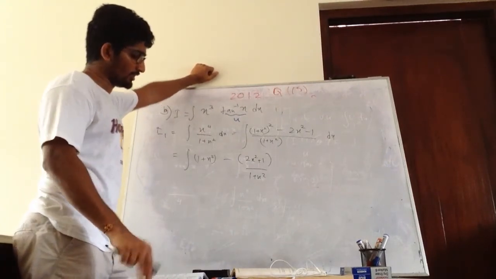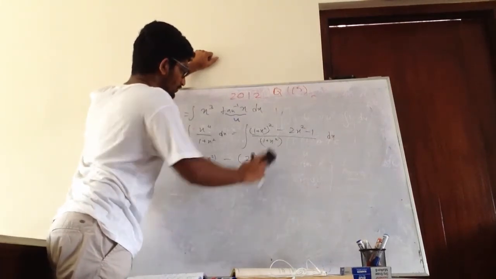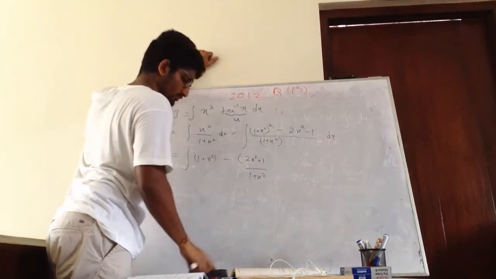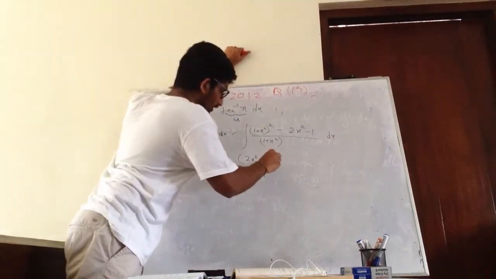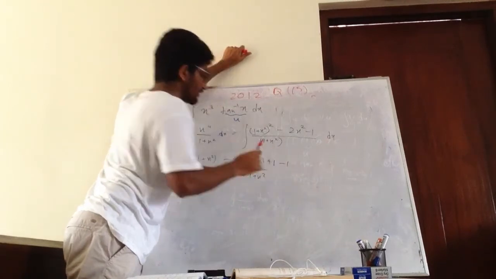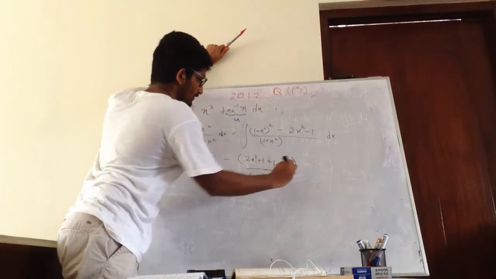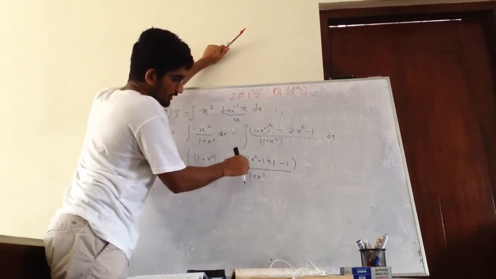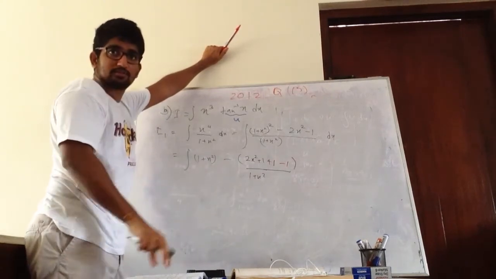So what I am going to do here is add another one and minus another one. And why am I doing that? So that now here 2x square plus 2 is basically a part of this.